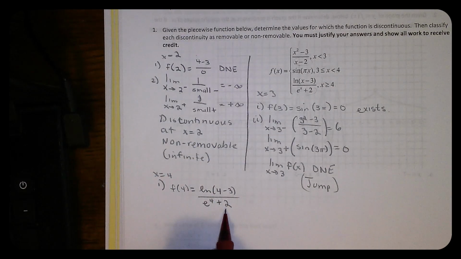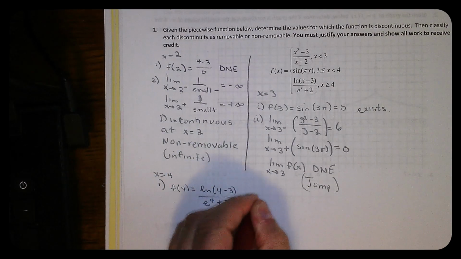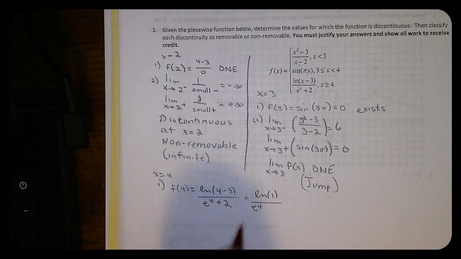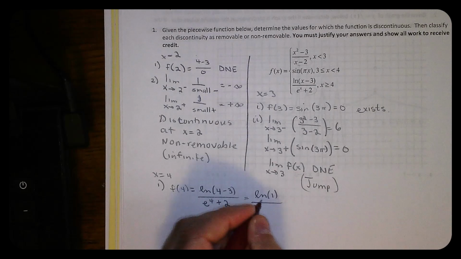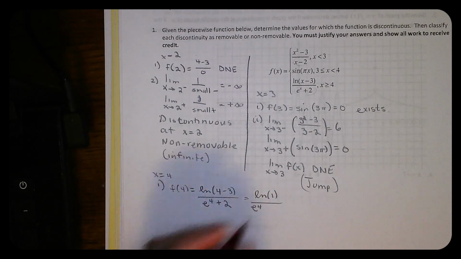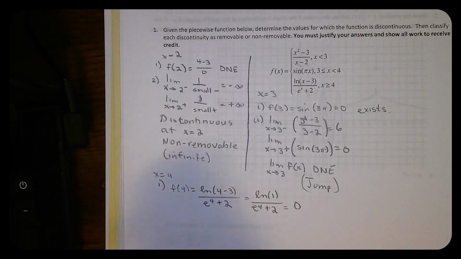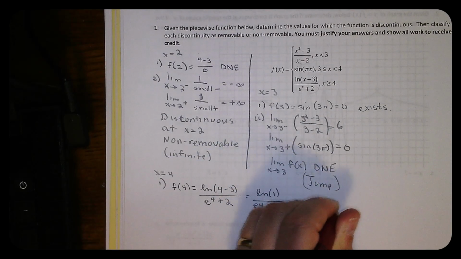That's going to be a large number, but I don't really need it because we end up getting the natural log of 1 in the numerator, and the log of 1, no matter what base, is always going to be 0. So this is 0 over some number, which is 0. All right, so it exists.